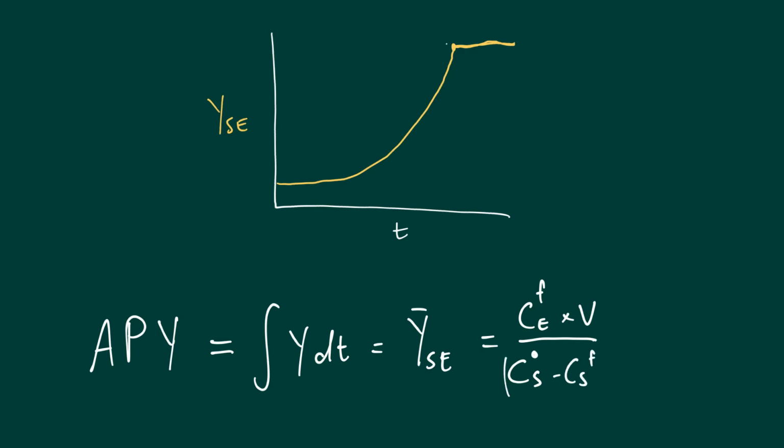This value will typically be 0 times V. Because the CS final value should be 0, you complete all your substrate, you end up with the cumulative value just being the final ethanol concentration divided by the initial glucose concentration.